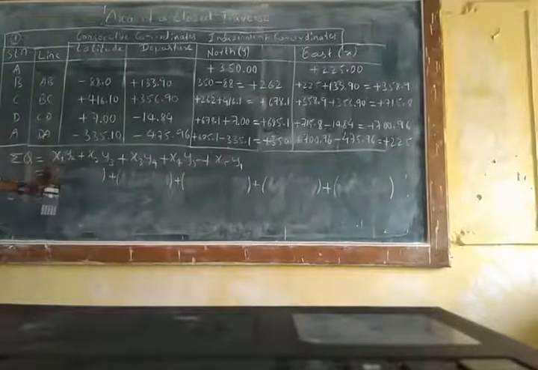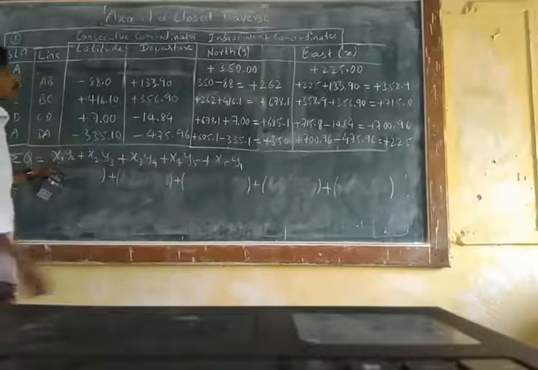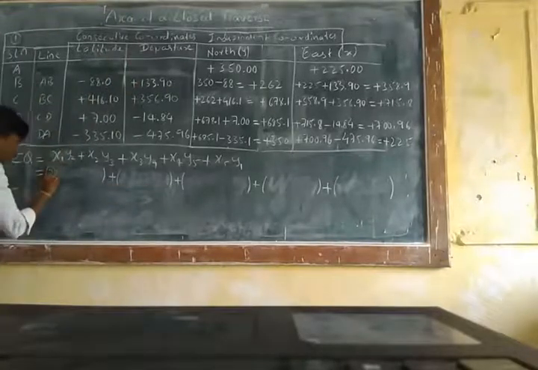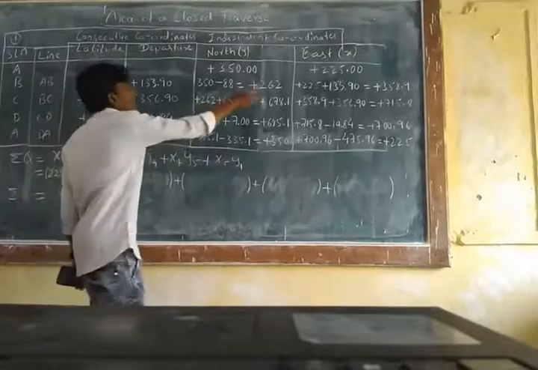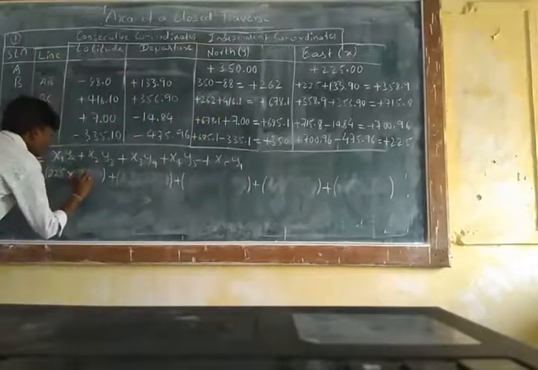Let's substitute the same values in the brackets here. So x1 is 225. So write 225 multiplied by y2. So y2 is 262. Write 262.